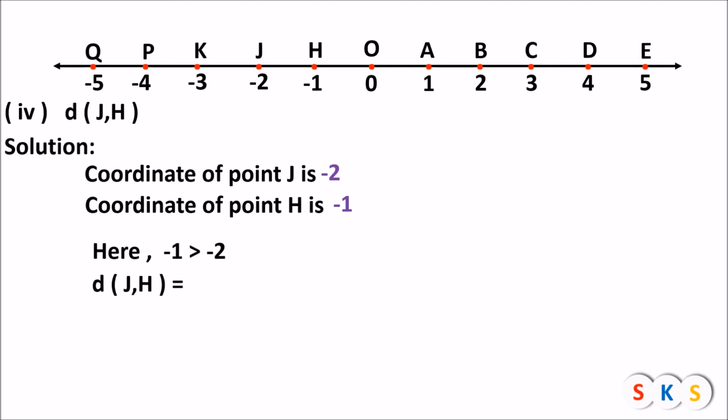So the distance between point J and H is greater coordinate minus smaller coordinate. It means -1 minus (-2). Now we'll solve the bracket first. Minus into minus 2 will become plus. So distance JH equals -1 plus 2. So distance JH equals 1.